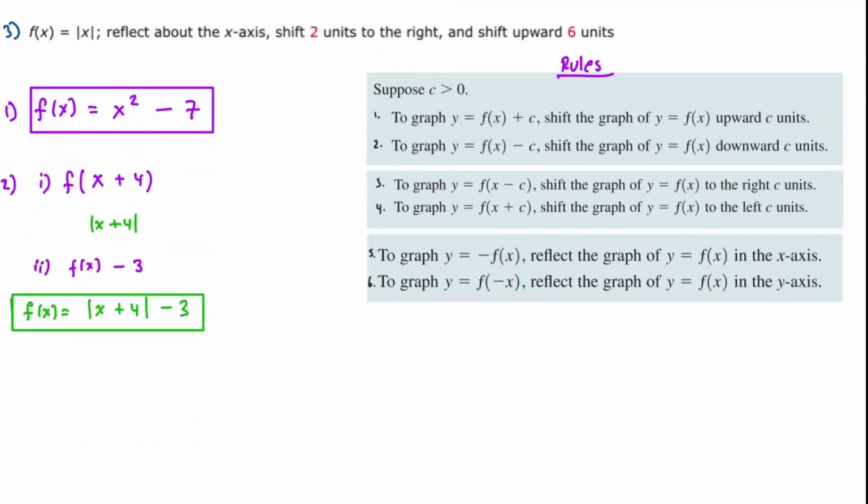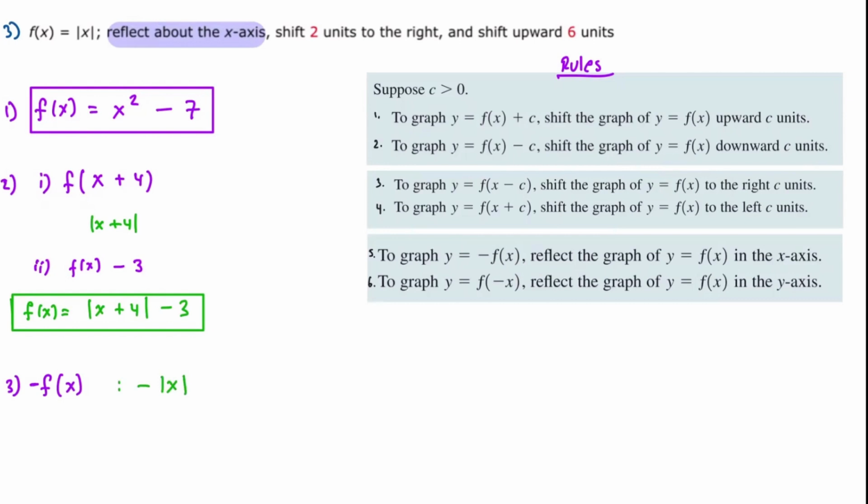For the last one, number 3, we are again going to take the absolute value. First, we're going to reflect about the x-axis, so our function will have negative y values. The resulting equation will be negative absolute value of x. That is step number 1.